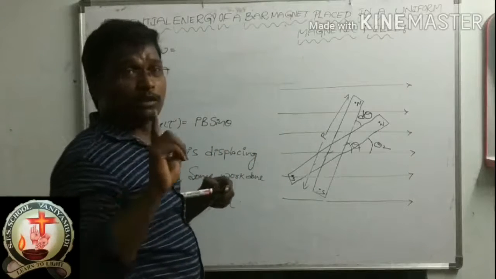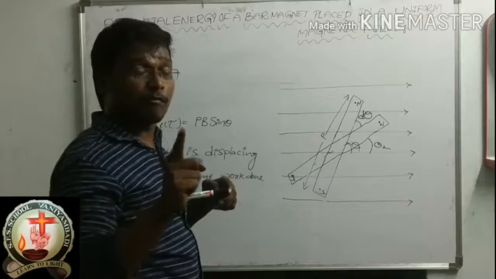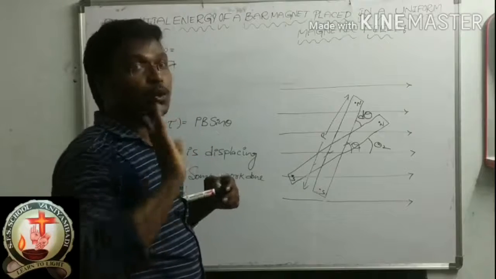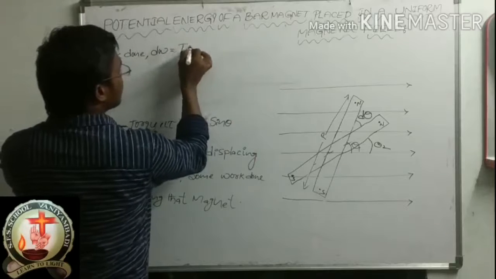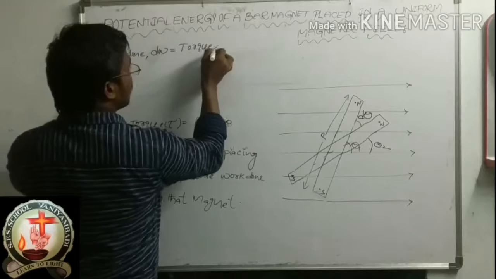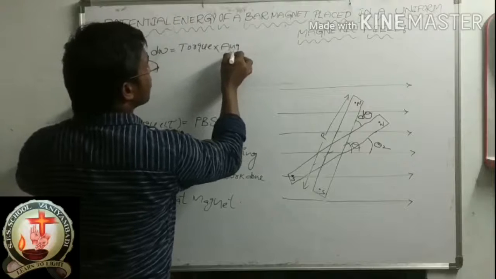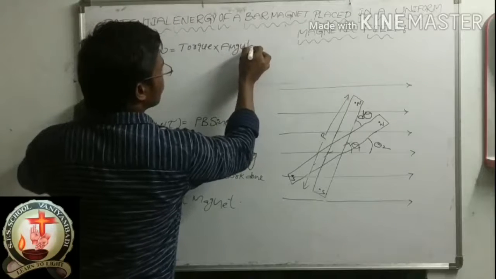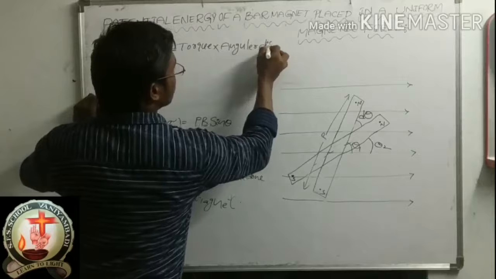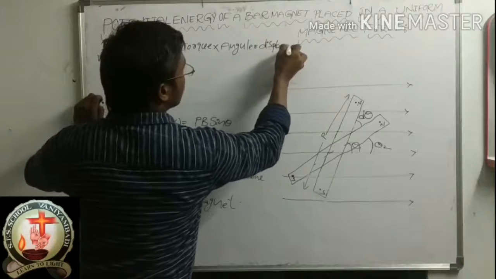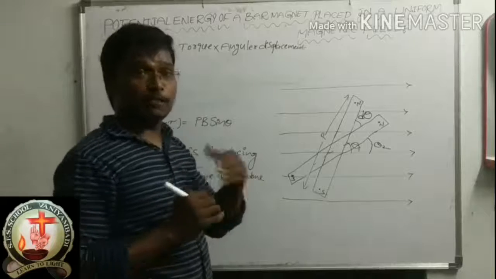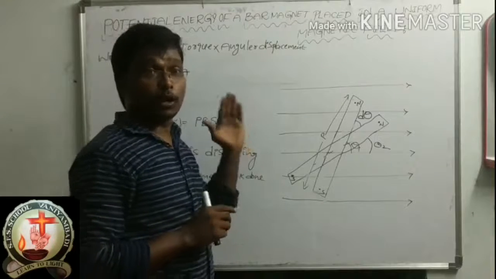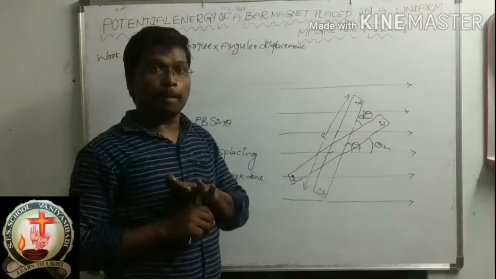You can remember, this is the formula of work done in angular motion. So dW, work done, is equal to torque into angular displacement. Linear motion formula, force into displacement. Here, torque into angular displacement.